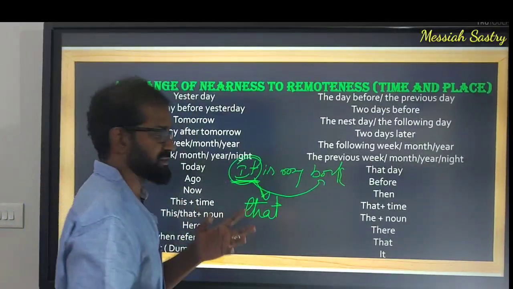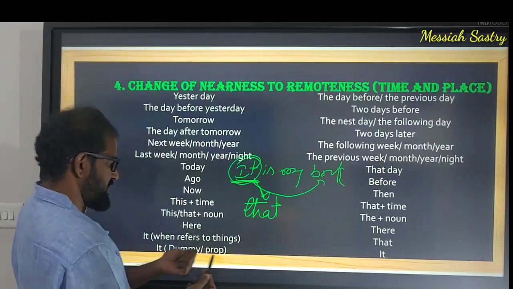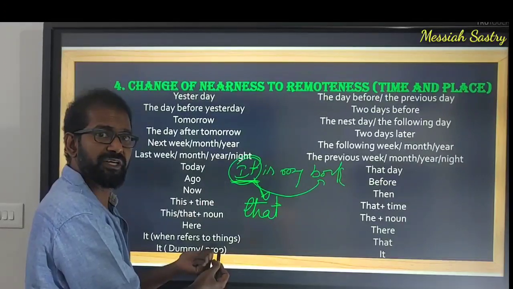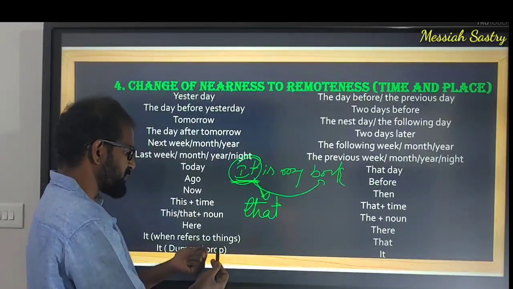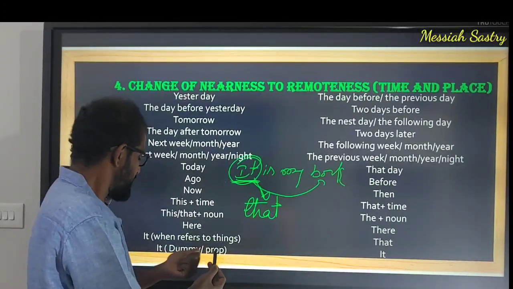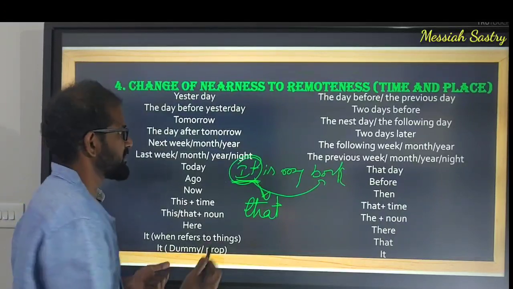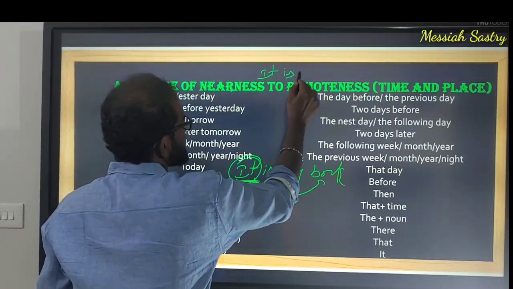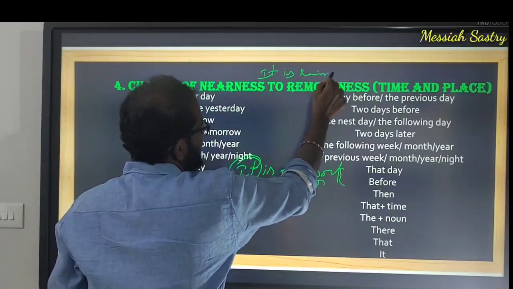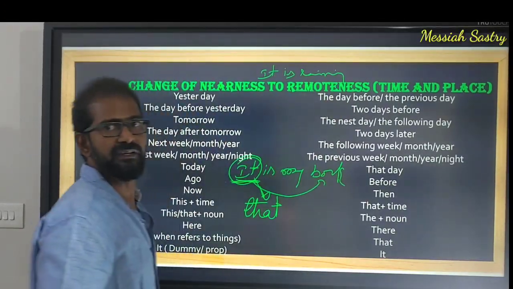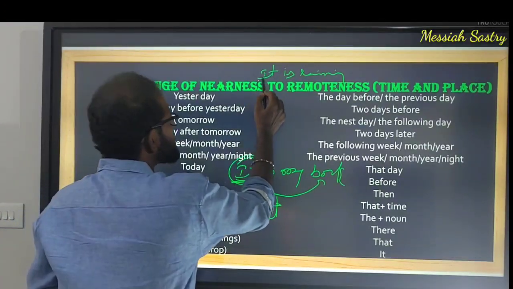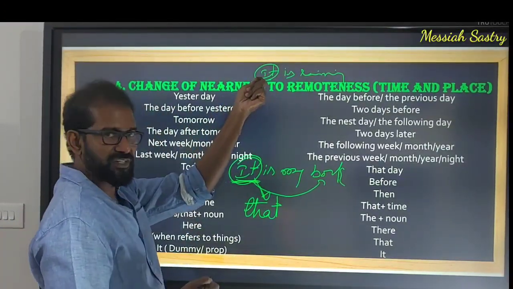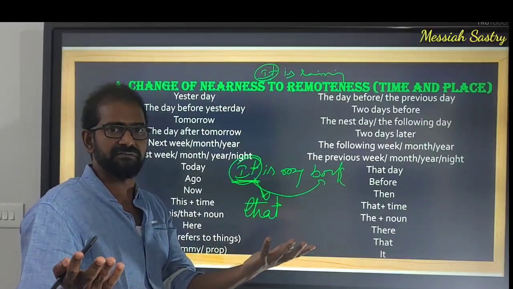But sometimes when it is a dummy or prop, what do you mean by prop? Prop means a supporting subject. It is a dummy. It is raining. It refers to what? If you question, it refers to what? Nothing.